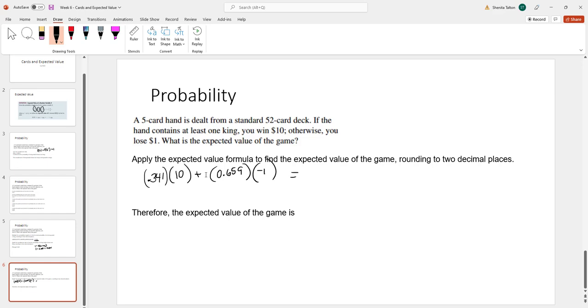So we're going to take these numbers, 0.341, and multiply it by 10. We get 3.41. And then 0.659 times -1 is just a negative 0.659. So I'm going to subtract that from 3.41. I get 2.75. So therefore, the expected value of the game is 2.75.